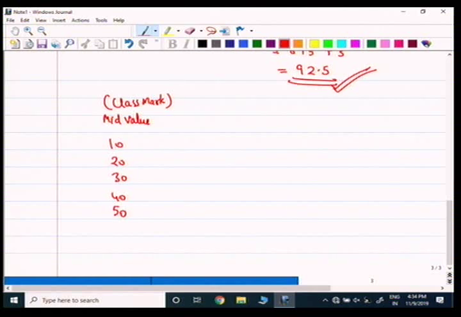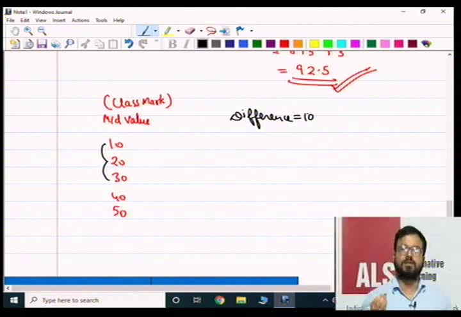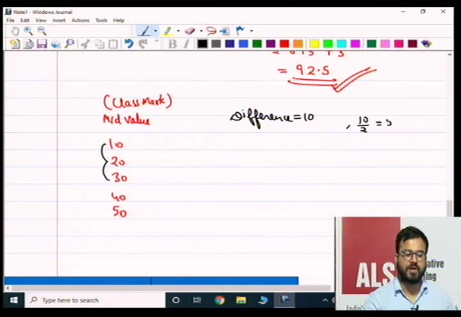Okay. Now suppose the mid value is given in place of the class interval. So how can we get the class interval from this one? You have to see what is the difference between the consecutive values. Like from 10 to 20, 20 to 30, you can see the difference is 10. So now just take half of the difference. So half of the difference is 5.